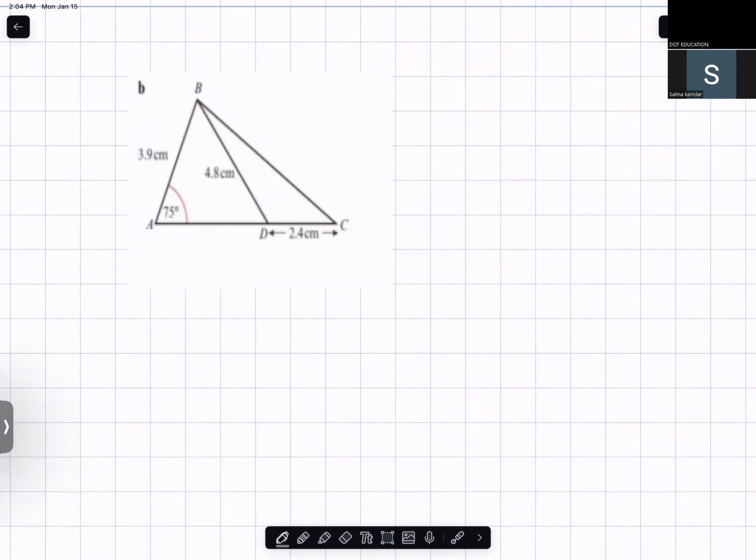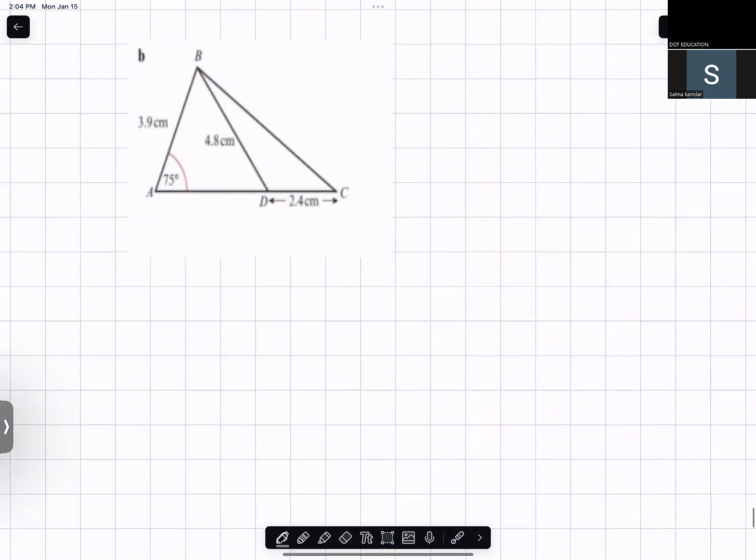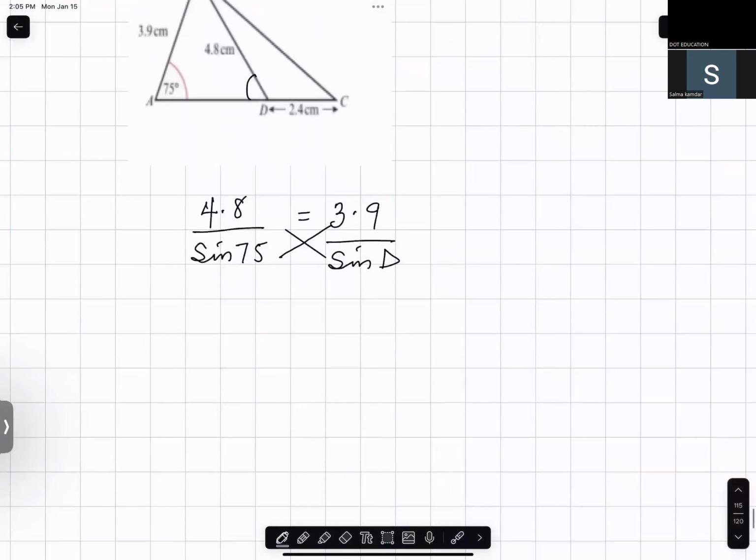So looking for the angle here, we apply our sine rule, which we have 4.8 divided by sine 75 equals 3.9 divided by sine D, taking that angle as D. So cross multiply to find D. We have sine D as 3.9 sine 75 divided by 4.8.